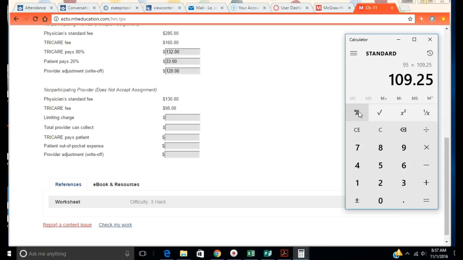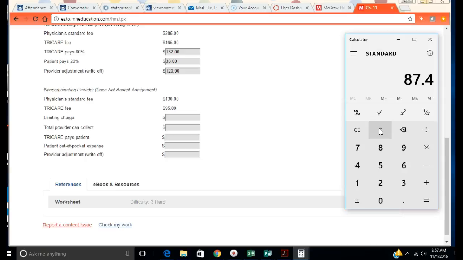And then we need to figure out what TRICARE is going to pay of that. So we know that the limiting charge is going to be the basis for what TRICARE is going to pay. So we need to figure out what 80% of 109.25 is. So 109.25 times 0.8 is going to give me 87.40, and that's what TRICARE is going to pay the patient.